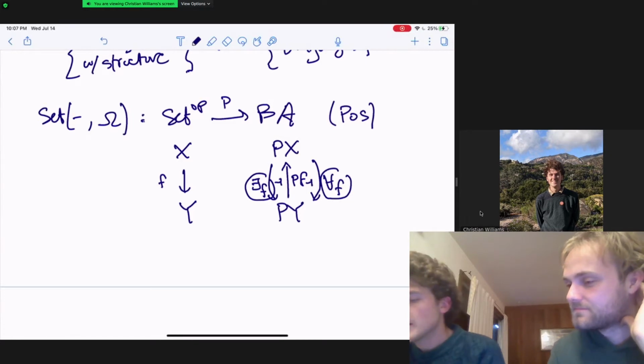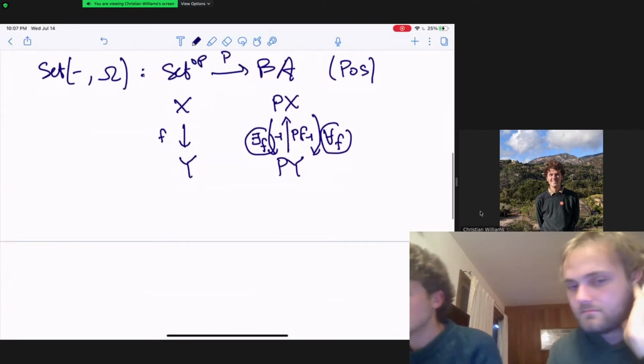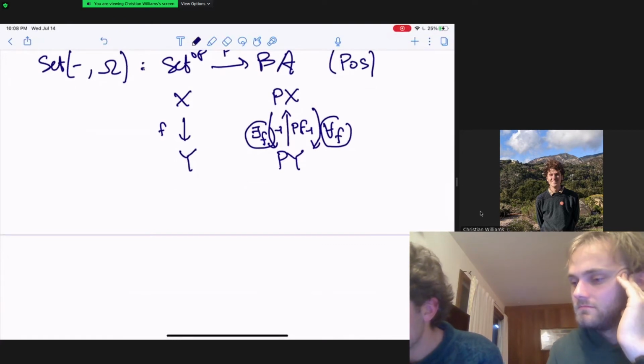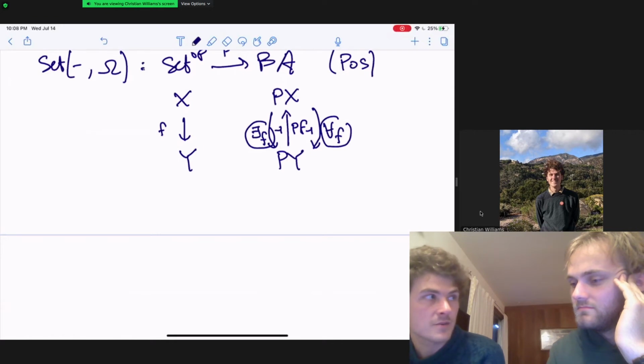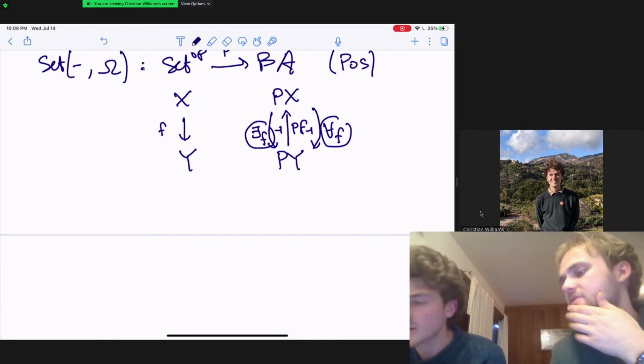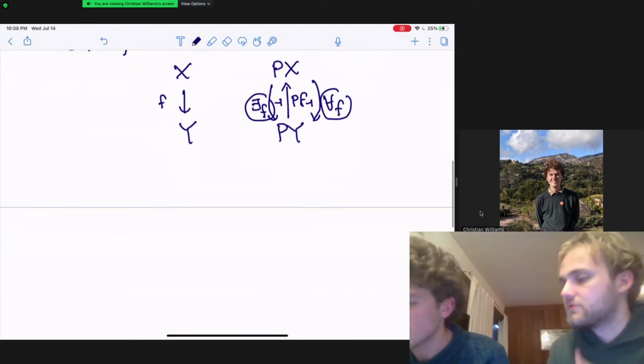So let's look at a specific function here. There's going to be two equivalent ways of looking at it. Let's see how these are literally existential and universal. Cool. I think that would be interesting.